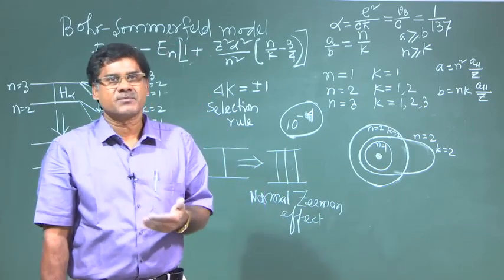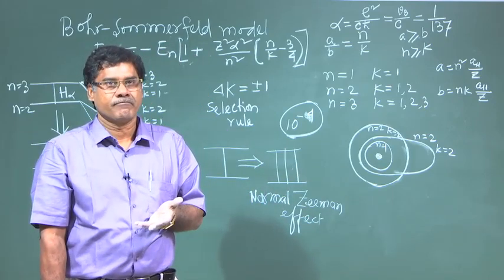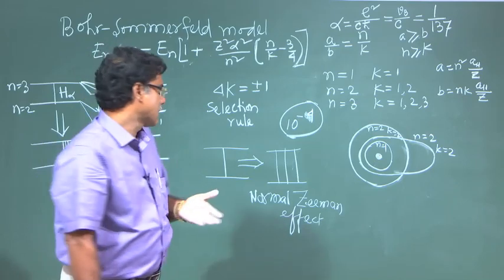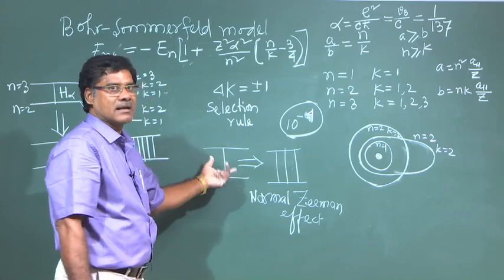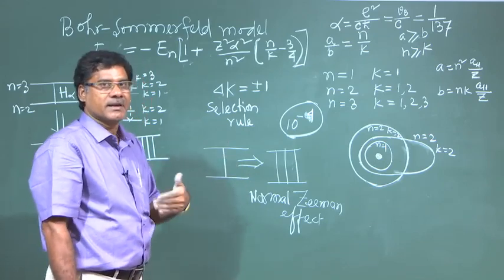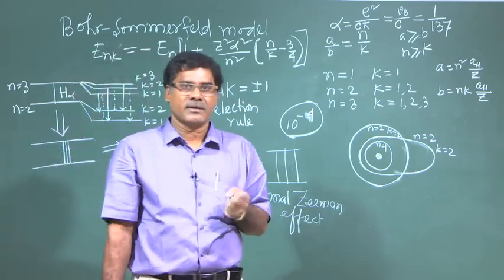It is independent of the origin of the spectral line, that does not matter, but any line splitted into 3 lines at higher magnetic field.